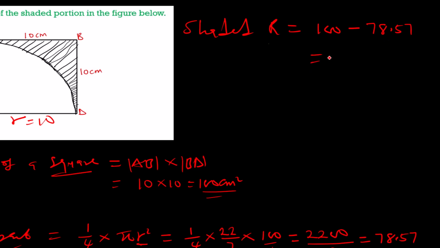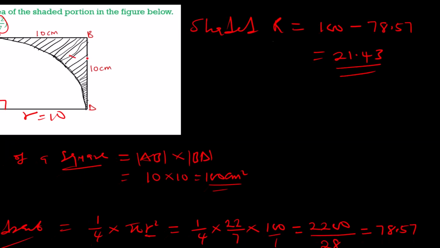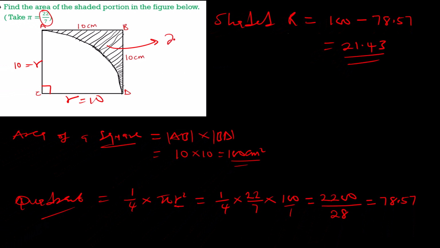So the answer is 21.43. The area of the shaded region here is 21.43 centimeters squared.